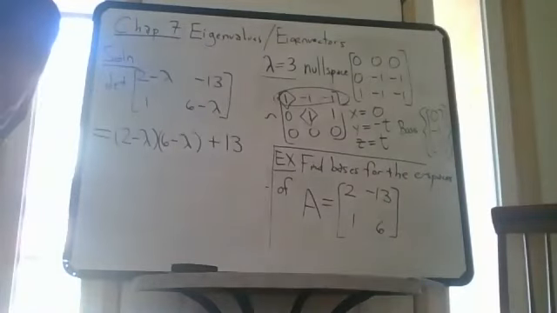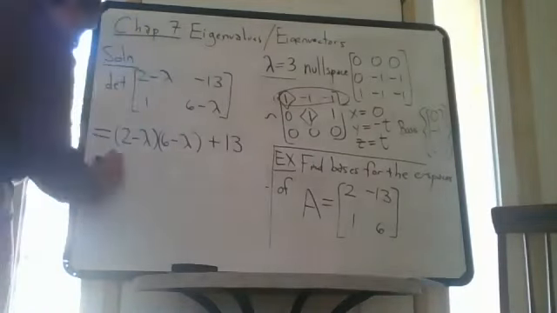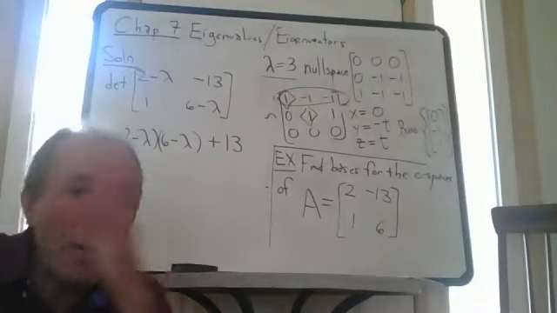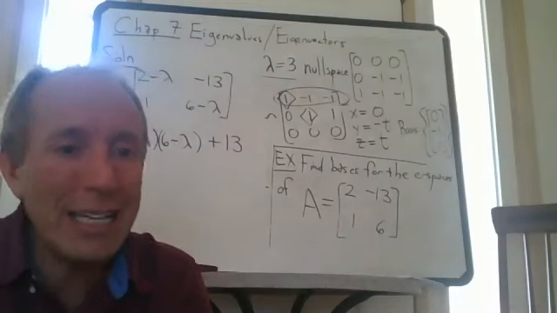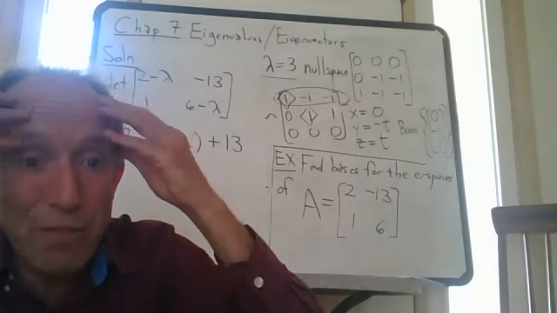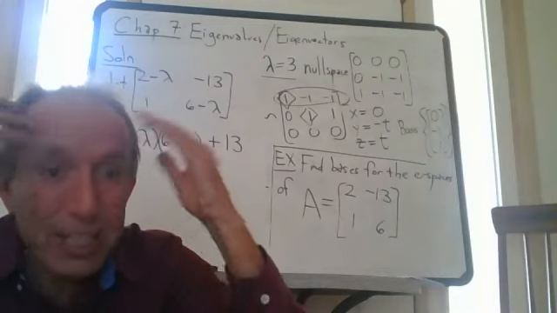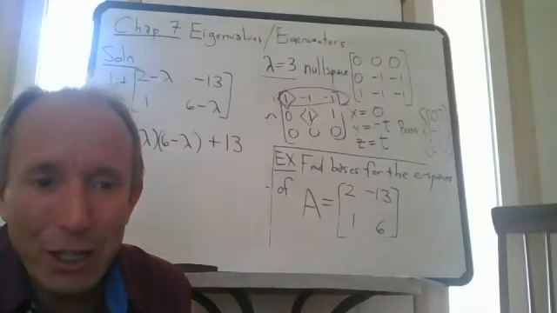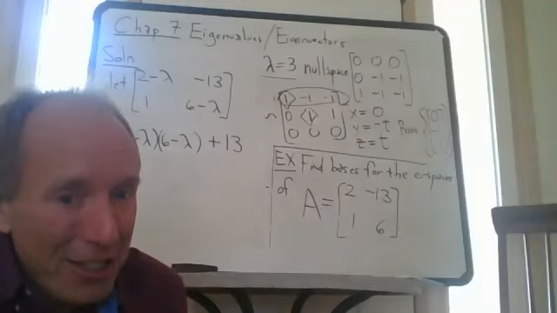It'll look like that. And in this case, I don't mind multiplying it out. On that 3 by 3 example that we did a minute ago, I didn't want to totally multiply out the characteristic equation because I wasn't sure if I'd be able to factor a cubic. Here, I know I'm only going to get a quadratic because it's a 2 by 2 matrix.